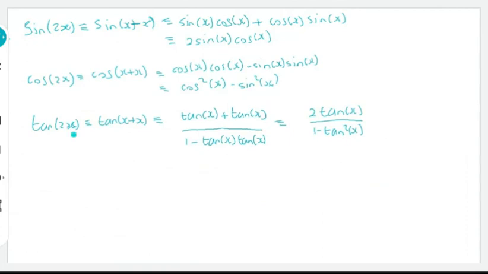Cool. And then if we use the fact that cos 2x on the next slide is the same thing as cos squared x minus sine squared x, we can write cos squared x as 1 minus sine squared x. So 1 minus sine squared x minus sine squared x.